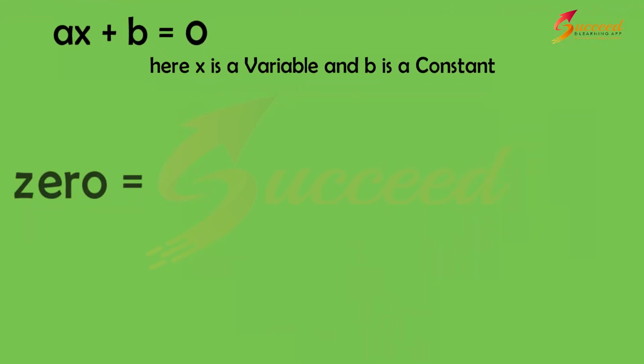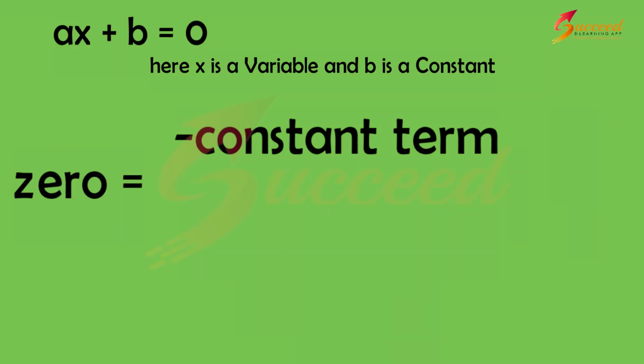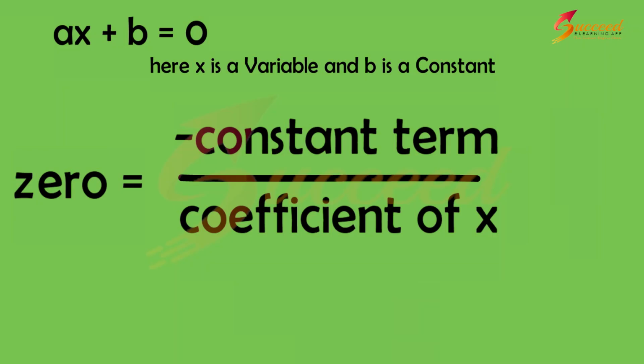Now, the general form of a linear polynomial is ax plus b equals 0. Here, x is a variable and b is a constant. The zero is equal to minus constant term divided by coefficient of x, which is equal to minus b divided by a.